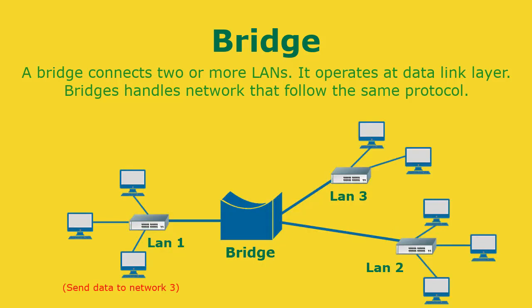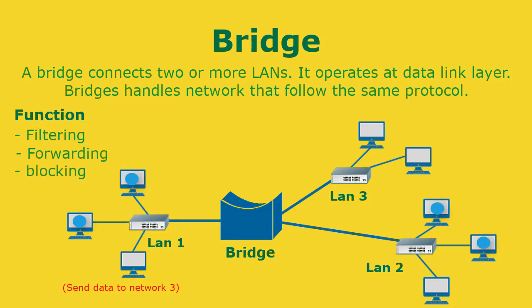Like a hub, a modern bridge has multiple ports, but unlike a hub, when a frame arrives, the bridge extracts the destination address from the frame header and looks it up in a table to see where to send the frame. A bridge only outputs the frame on the port where it is needed and can forward multiple frames at the same time. So filtering, forwarding and blocking of frames are functions of bridges.